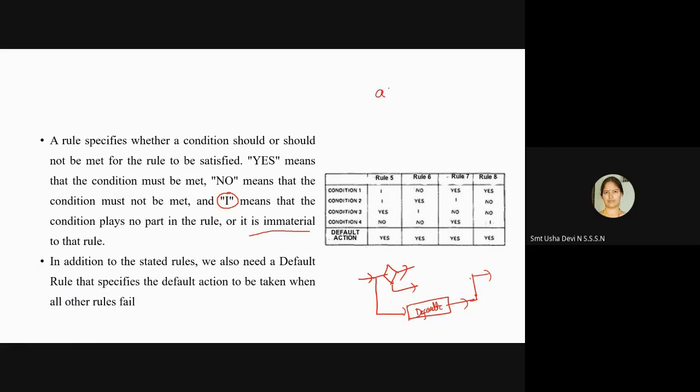Suppose we are checking whether A greater than B, A greater than C, that means checking the biggest number among A, B, C. Initially you are going to check this. If this is true, that means A is big.